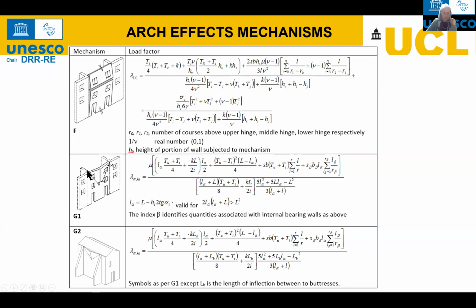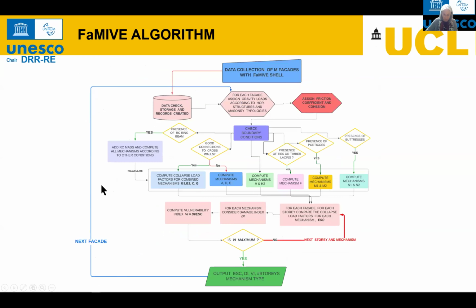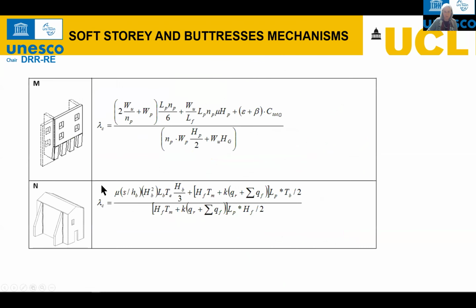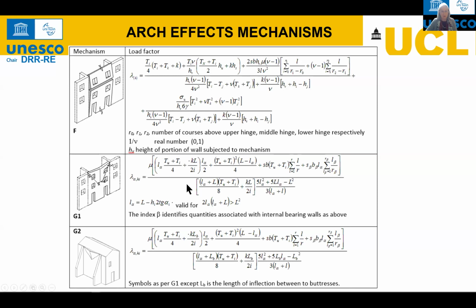And finally, we have the horizontal arch effect, which is very common in facades that are well restrained along the edges, but not at the top, and which produces this type of failure. And again, this type of failure may occur.